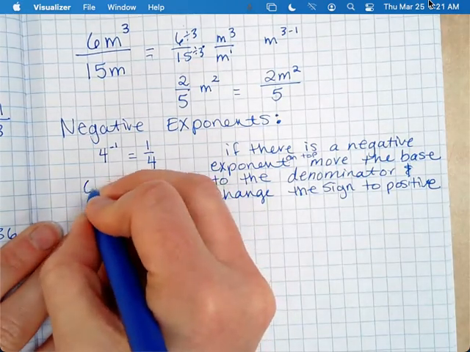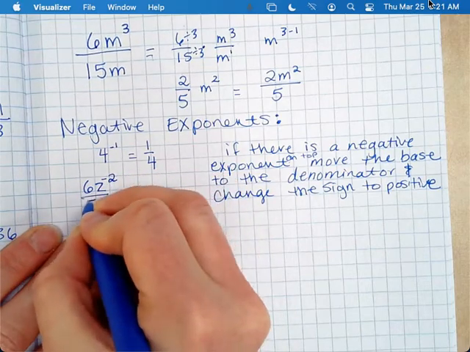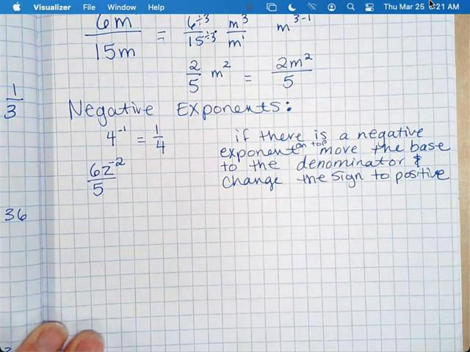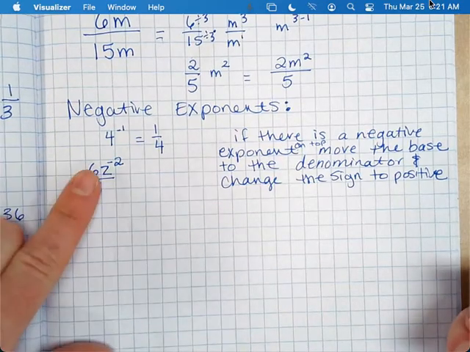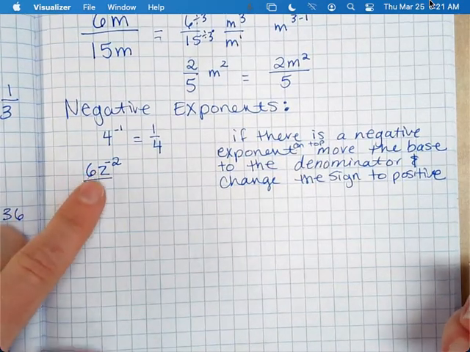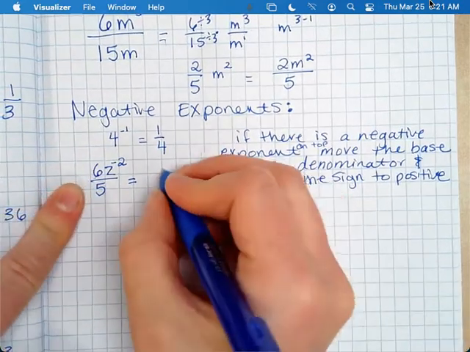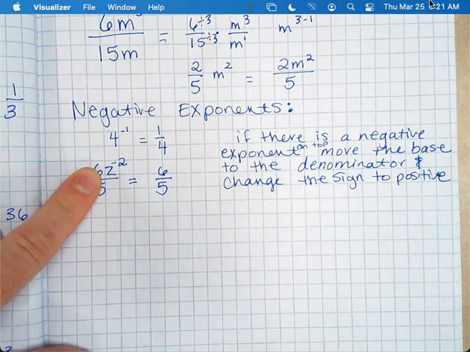So let's say I have 6z to the negative 2 over 5. Everything else will stay the same. The only thing that changes is that negative exponent because we want to get rid of it. So we keep the 6 over 5, but the z to the negative 2, we put it on the bottom.